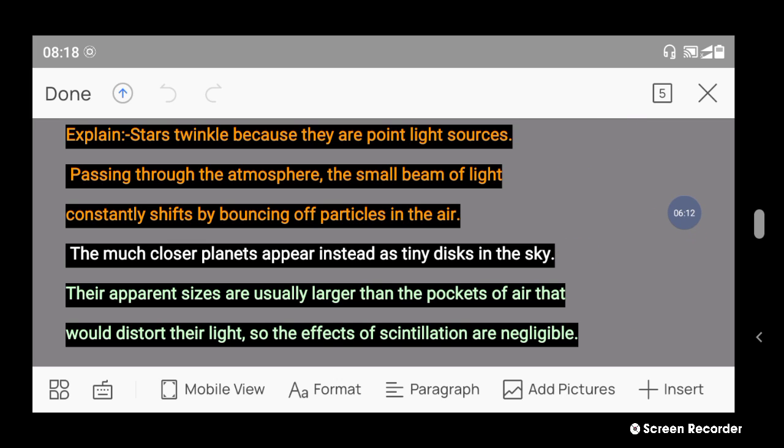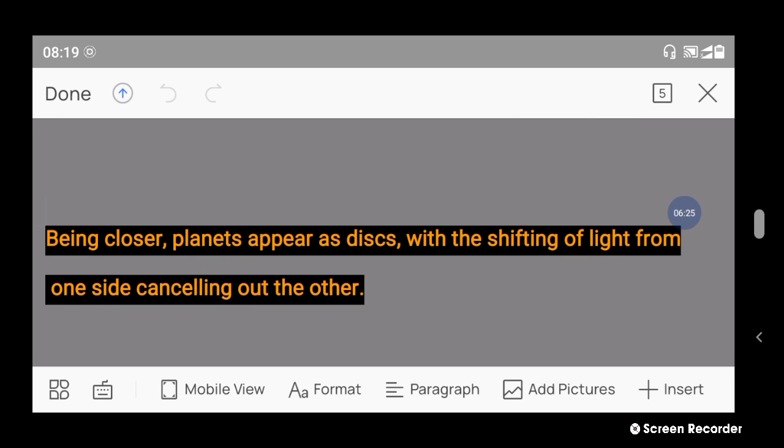They are too large in apparent size, usually larger than the pockets of air, so they wouldn't distort their light. So the effects of scintillation are negligible. Being closer, planets appear as disks with the shifting of light from one side cancelling out the other. Next question.